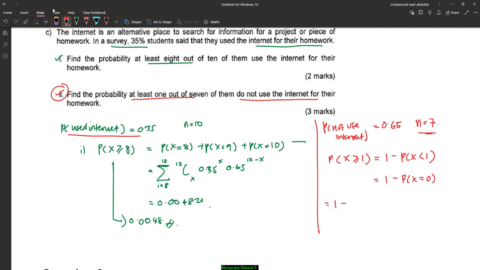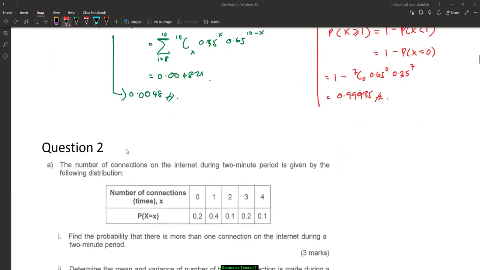So this one should be 1 minus 7 choose 0, 0.65 power of 0, 0.35 power of 7. 7 minus 0 is 7. So this one should be 0.99935. You got the same answer? Yeah. Right, good. So since you got the same answer, then we move to question number 2.